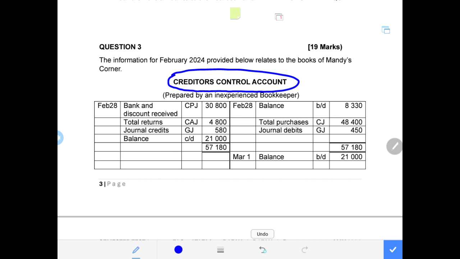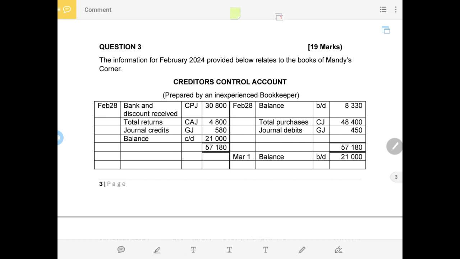And if you remember from the Debtors Control Account that I recorded, we know that it was also prepared by an inexperienced bookkeeper. And this bookkeeper made errors and mistakes in terms of recording.